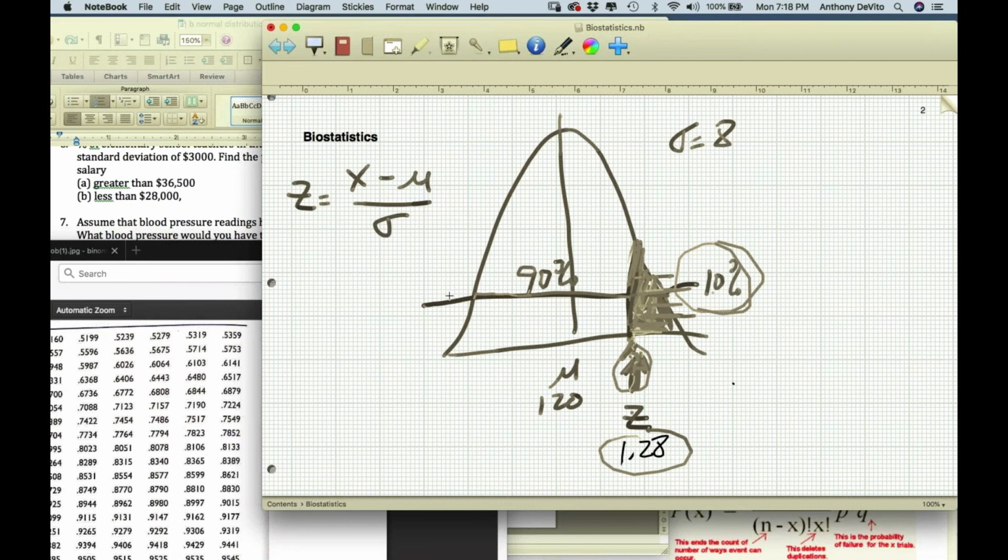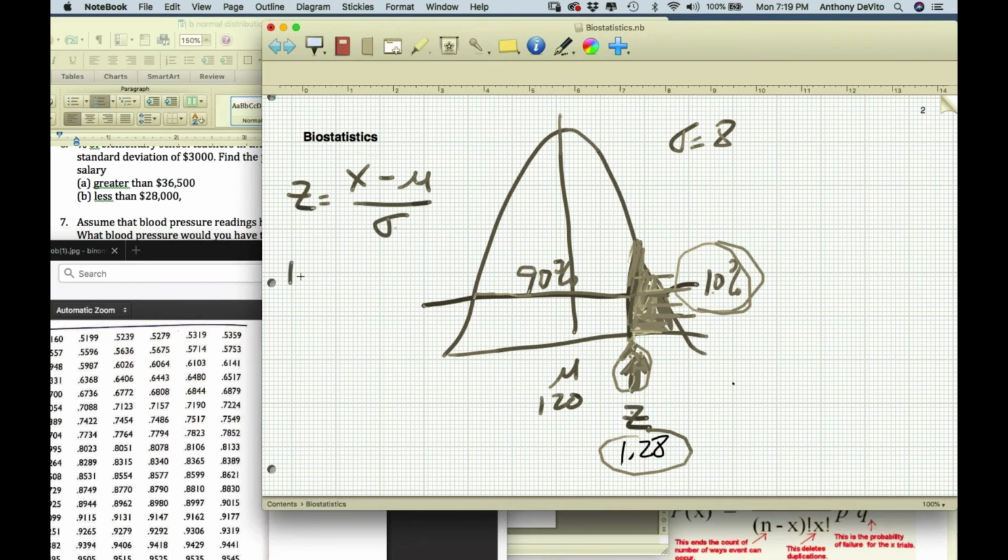Whenever you solve these kinds of problems, when you look at a formula, you're always looking to get down to one unknown. Because if you get to one unknown, you can solve the problem. We know what mu is. We know what sigma is. We know what z is now. The only thing we don't know is x.